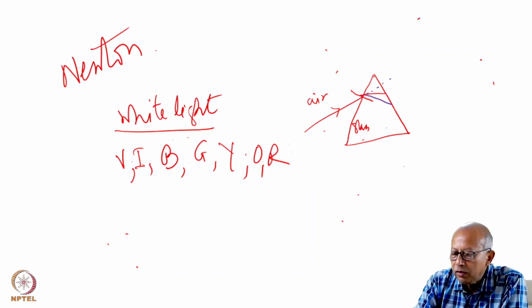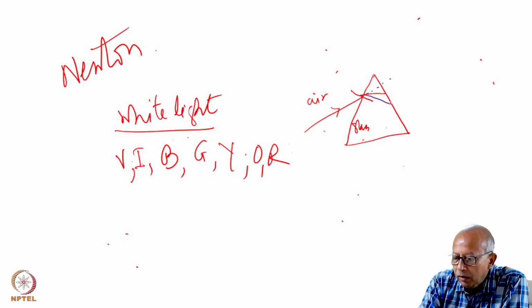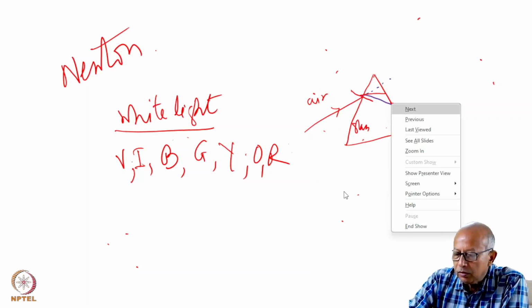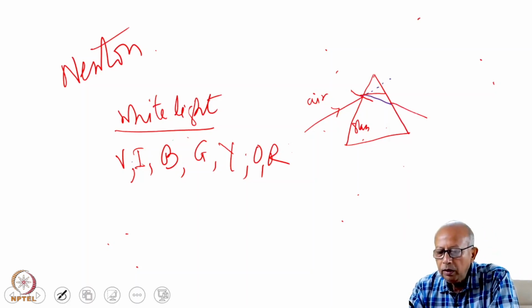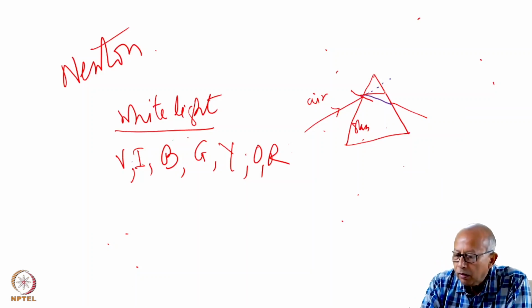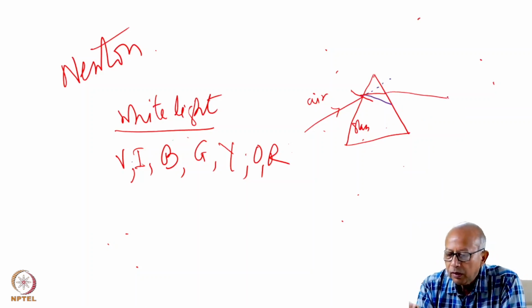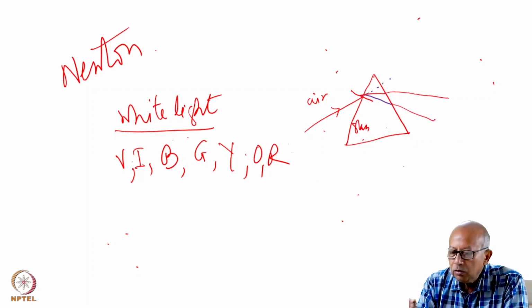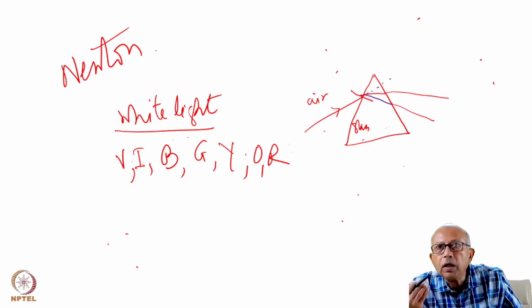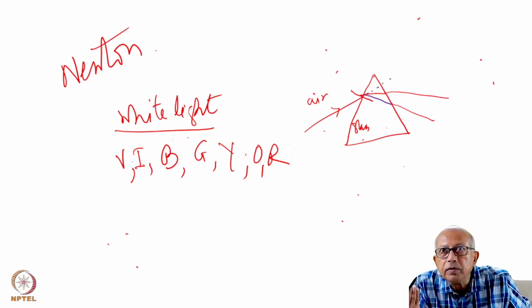On the second surface, of course, this splitting of these different wavelengths will be even enhanced, will be further enhanced. So this phenomenon is called dispersion of light.